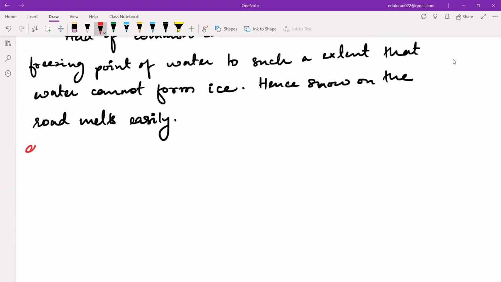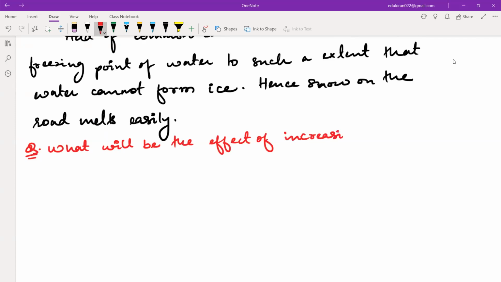Right, one more question. What will be the effect of increasing temperature on osmosis?